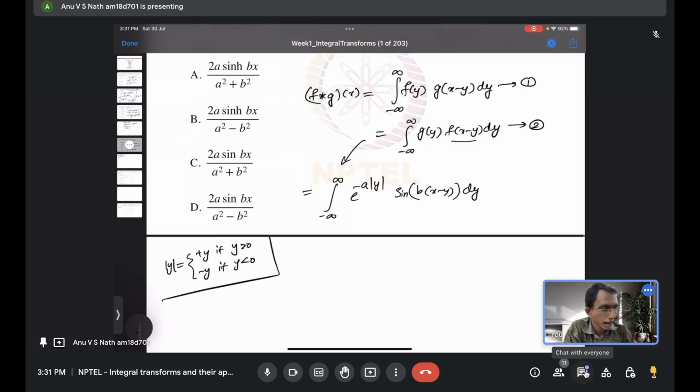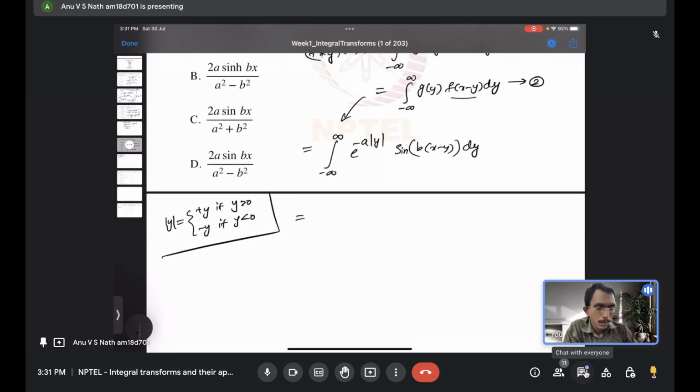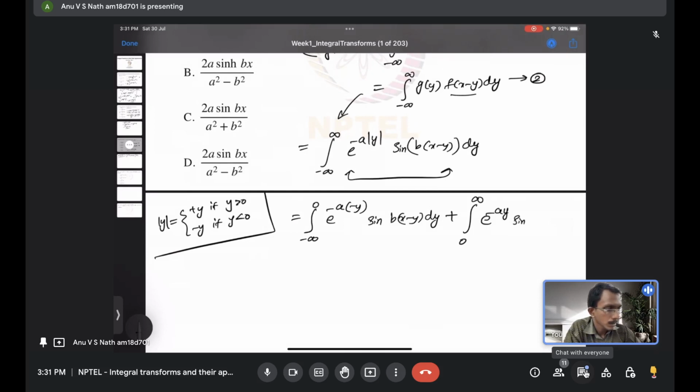Okay, so we can split the integral into two parts: minus infinity to 0, where the modulus of y is just minus y, then sine b(x minus y) dy; then 0 to infinity, where modulus of y is plus y, so sine b(x minus y) dy.